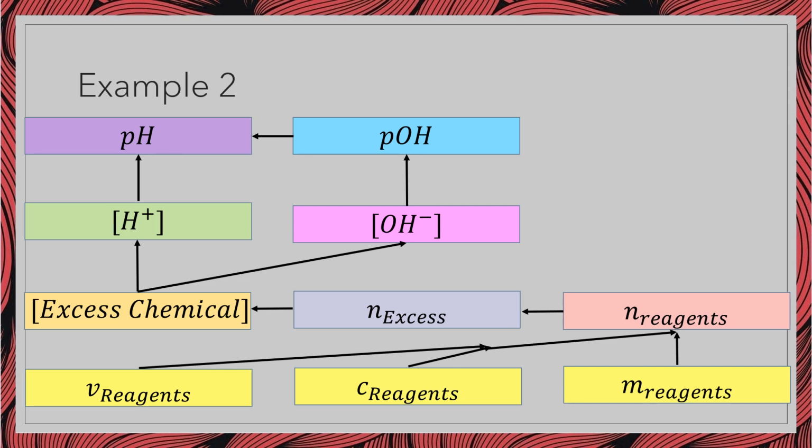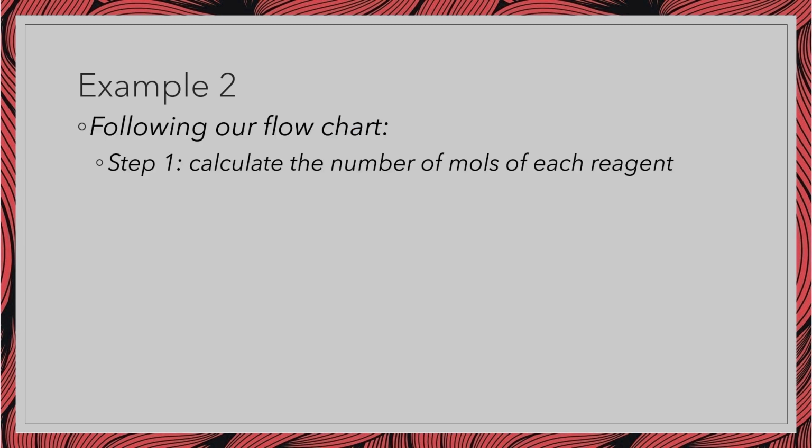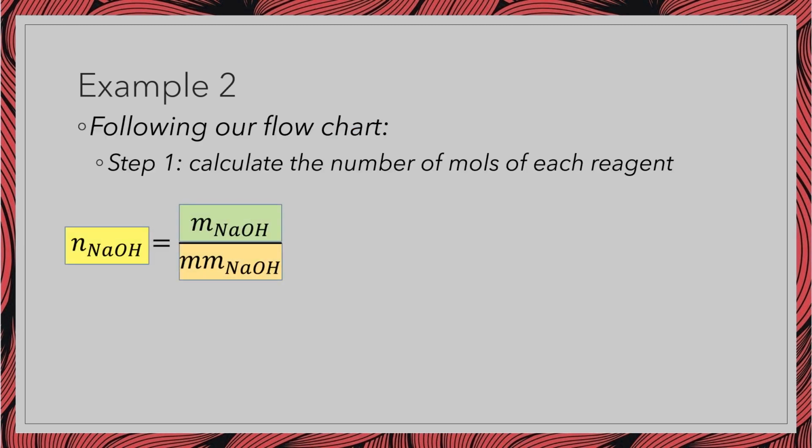We're trying to find pH, so we need to find that from either hydrogen ion concentration or indirectly through pOH and hydroxide ion concentration. And it all comes from the excess chemical. Therefore we need to calculate the number of moles of excess, and to do that we need the number of moles of reagent. So let's go number of moles of reagent first.